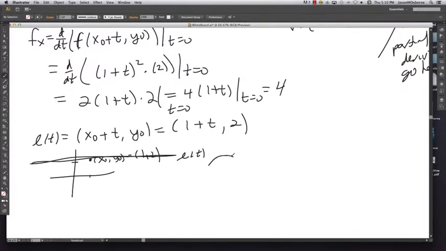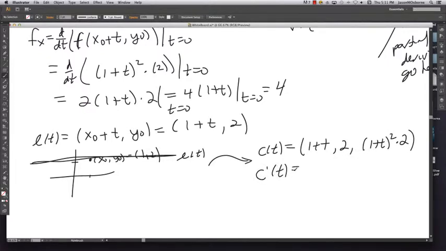Okay. You then put that line onto the surface. You made a curve. That was the curve 1 plus t, comma 2, comma 1 plus t squared times 2. There's your curve on your surface. You then can take a derivative with respect to t.